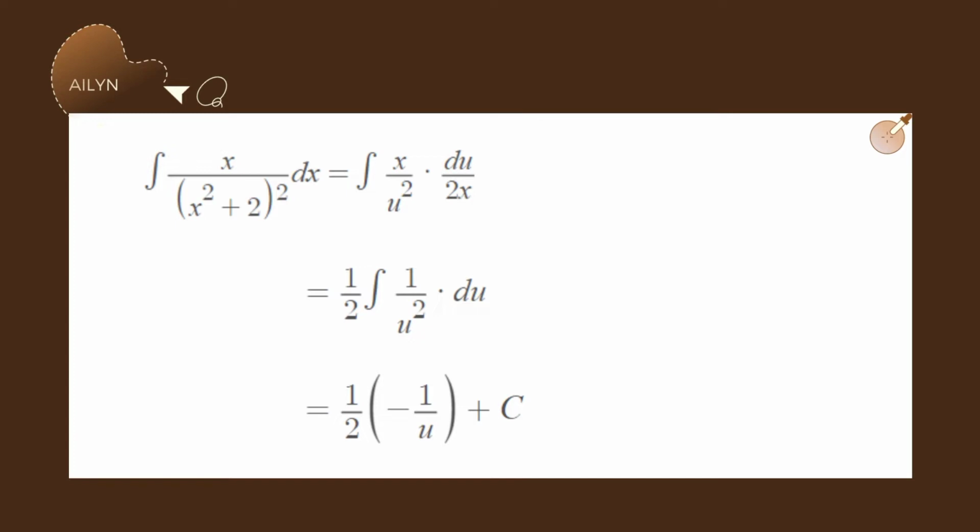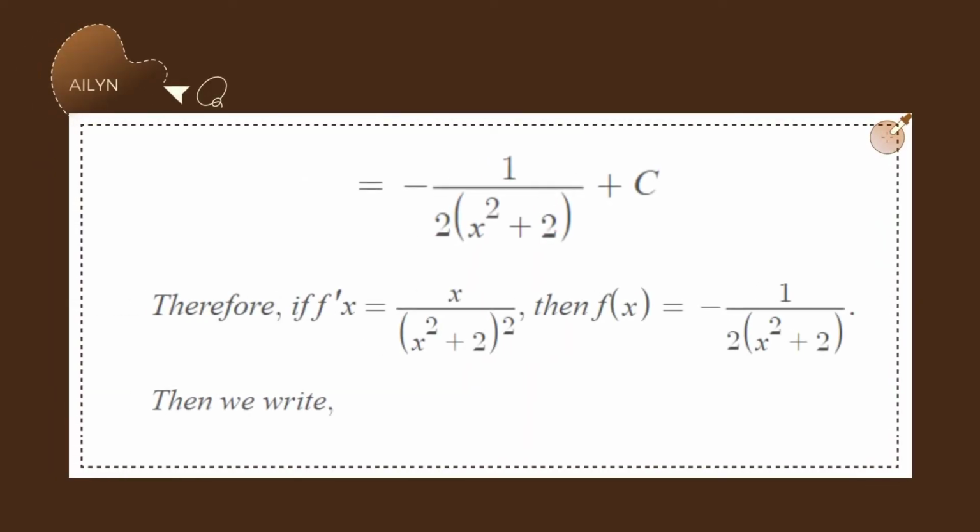To simplify further, the result will be 1/2 times negative 1 over u plus c, or the constant, and the final answer will be negative 1 over 2 times x squared plus 2 plus c. Thus, if the first derivative of f of x equals x over the square root of x squared plus 2, then f of x equals negative 1 over 2 times x squared plus 2.